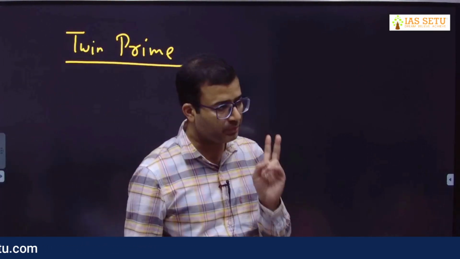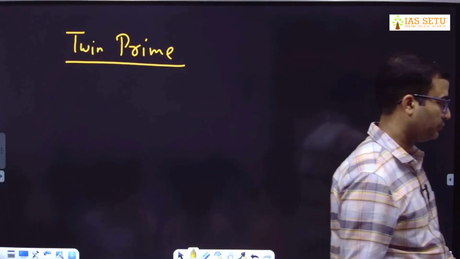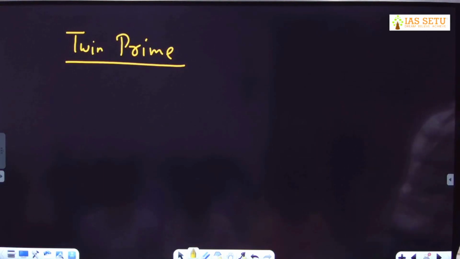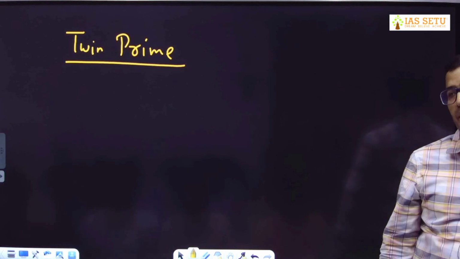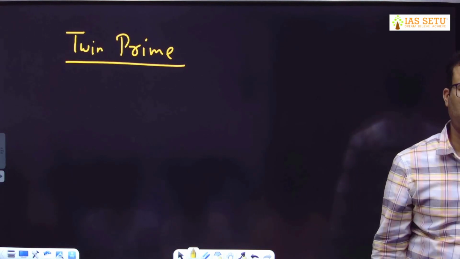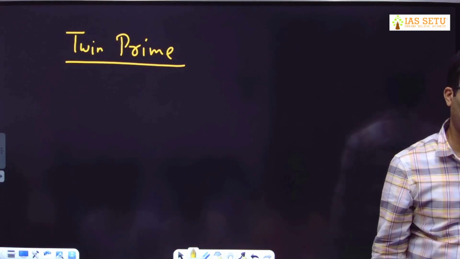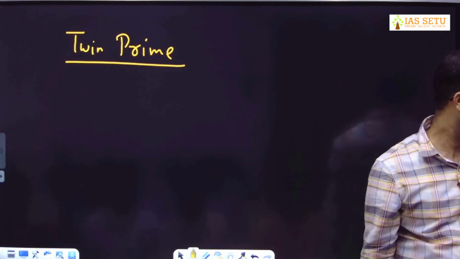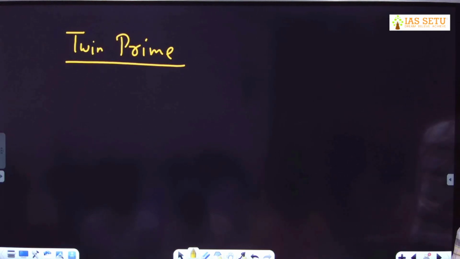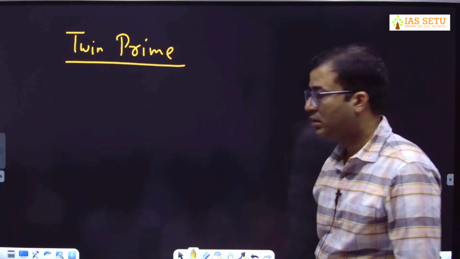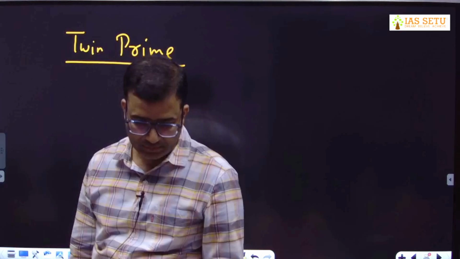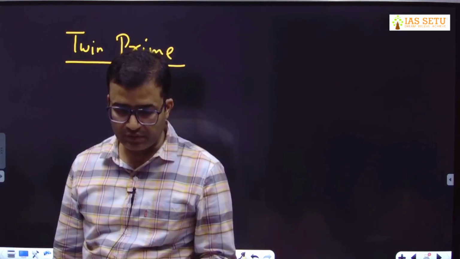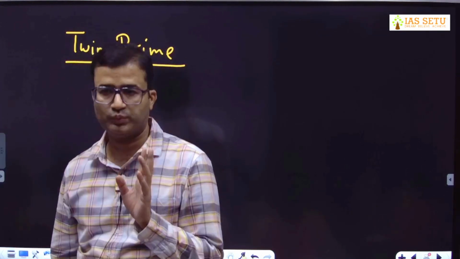Two consecutive prime numbers with a difference of exactly 2 are called twin primes.